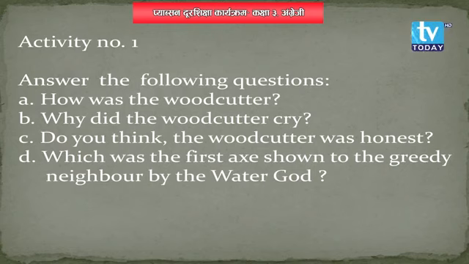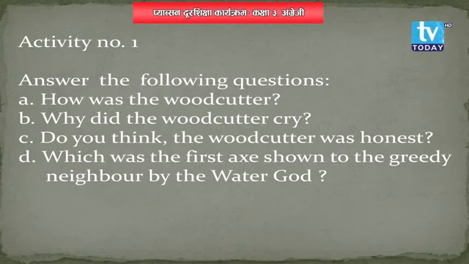The next question for you, this is the last but not the least. We are getting the gist of today's story. So, which was the first axe shown to the greedy neighbor by the water god? Was it silver? Was it iron? No, obviously it was the gold axe shown in the beginning.